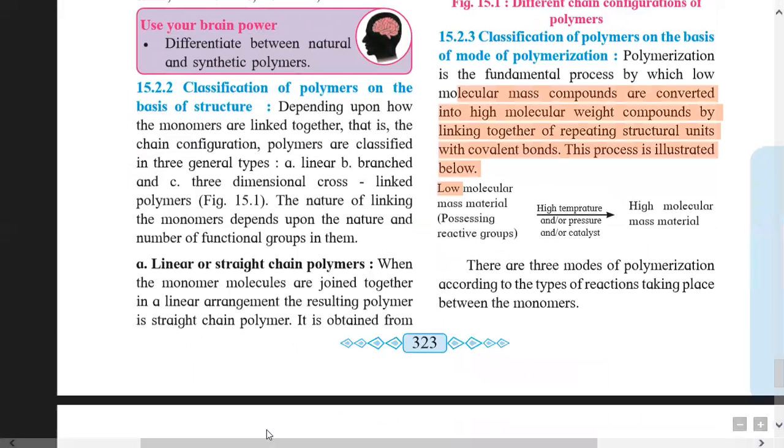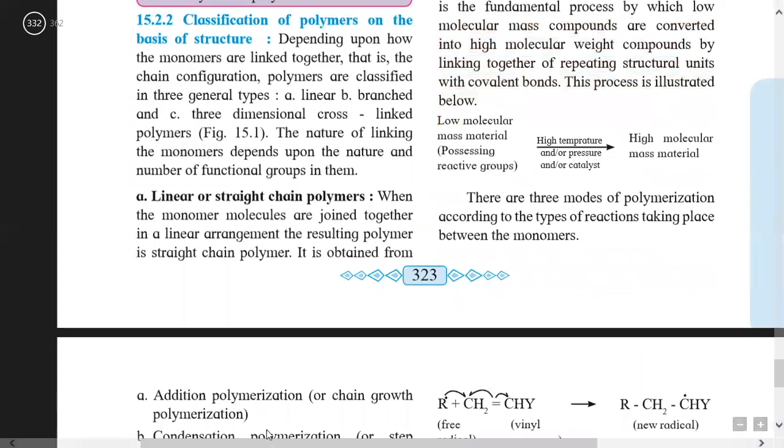This process of polymerization is explained here with general equation. Here the low molecular mass material, that is a process reactive groups under high temperature or pressure or catalyst converted into high molecular mass material, and that is called a polymer.